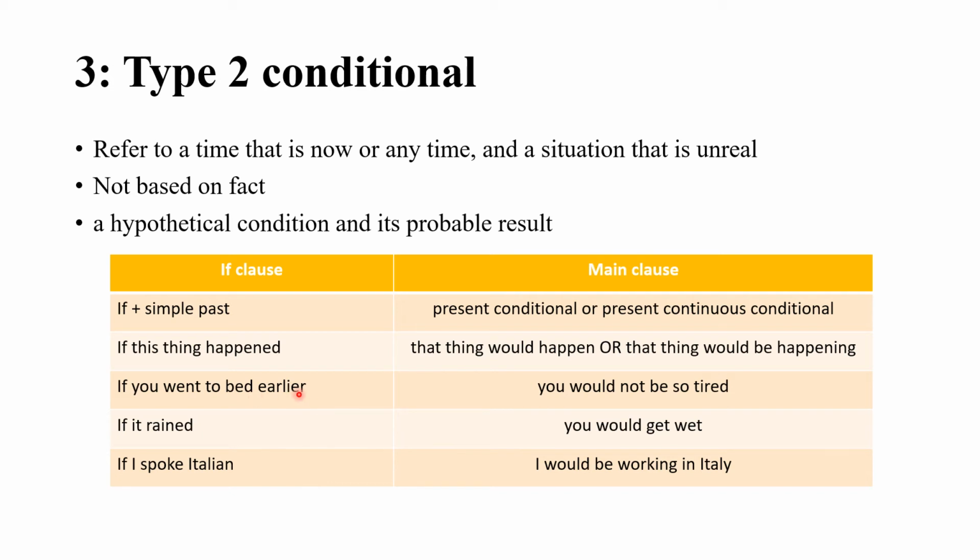Like, if this thing happened, that thing would happen or that thing would be happening. For example, if you went to bed earlier, you would not be so tired, or if it rained, you would get wet. Or another example can be, if I spoke Italian, I would be working in Italy.